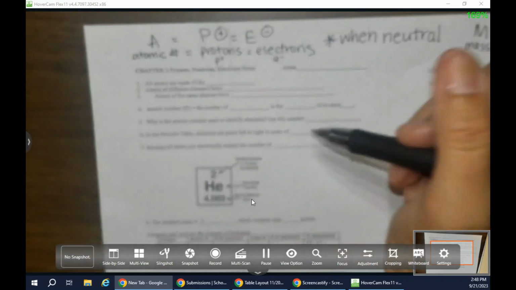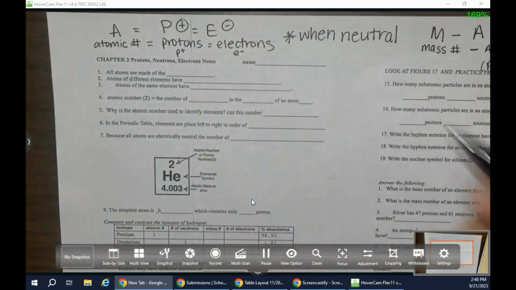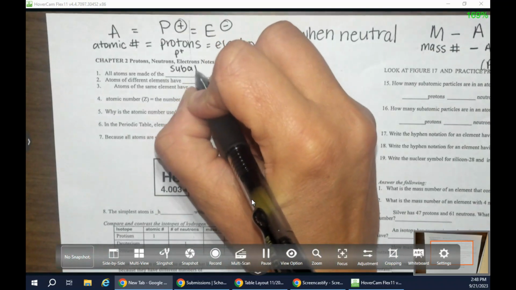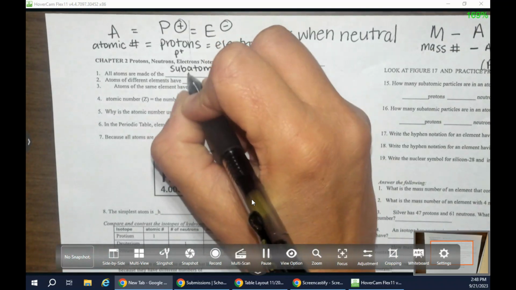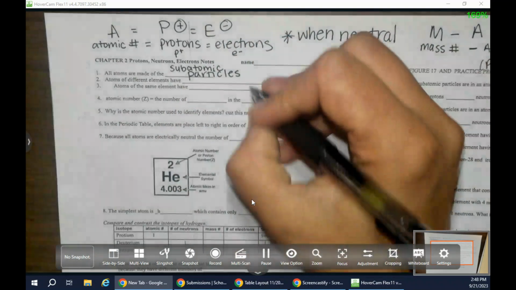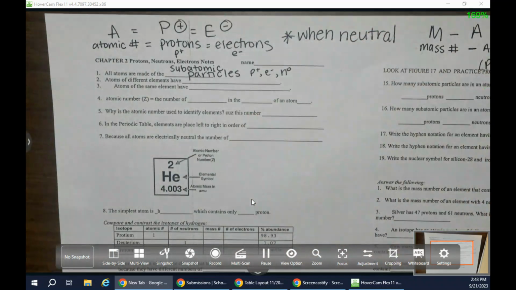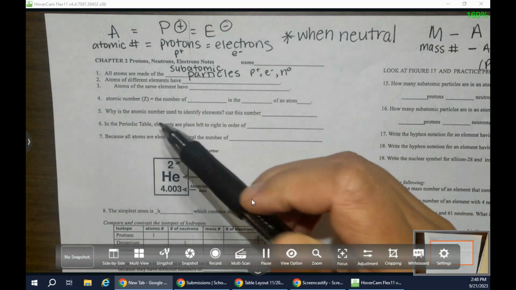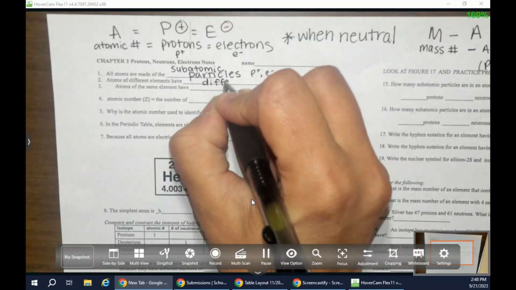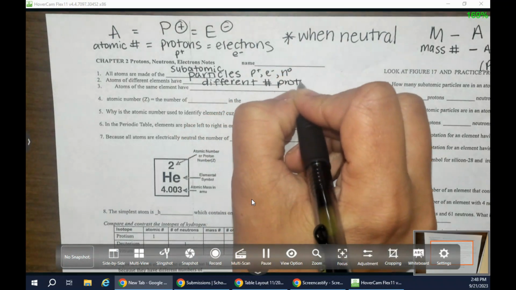All right, going back over to the left-hand side. These things, protons, electrons, and neutrons, are called subatomic particles. Atoms of different elements have different numbers of protons.